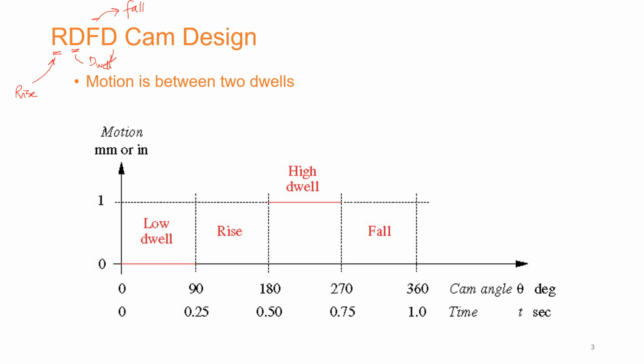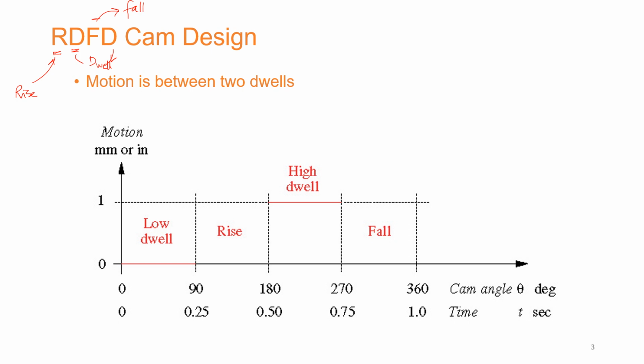So it means that you're going to force the follower to rise up, stay there, then fall down, and then once again stay there in the lower position for some time. So this class of CAM follower mechanism is called RDFD CAM follower mechanisms.